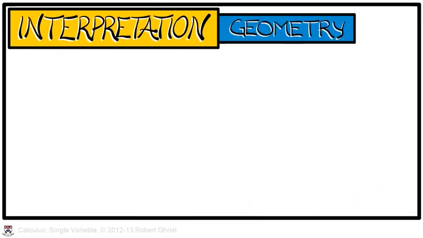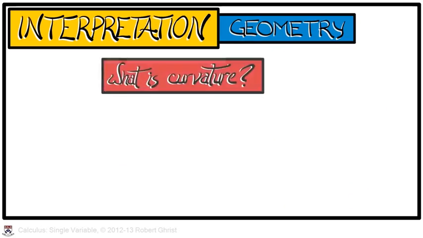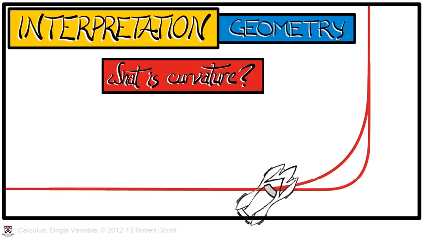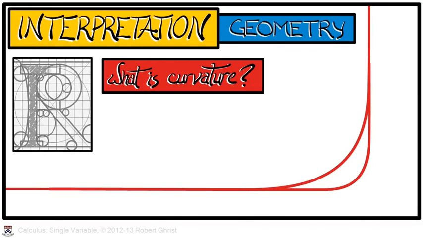One interesting interpretation comes from geometry and curvature. What is curvature? Well, you can certainly feel curvature when you're driving down the road and you make a sharp turn. You can tell the difference between a looser and a tighter sort of turn. The higher the curvature, the more you feel when you turn. But what is curvature really?